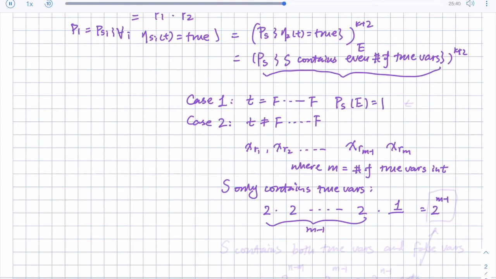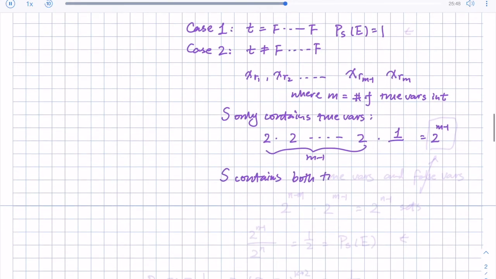So if we consider the more general case, S contains both true variables and false variables. The number of false variables can be 0, or there can be some false variables.